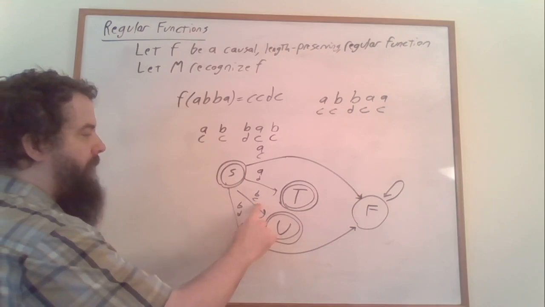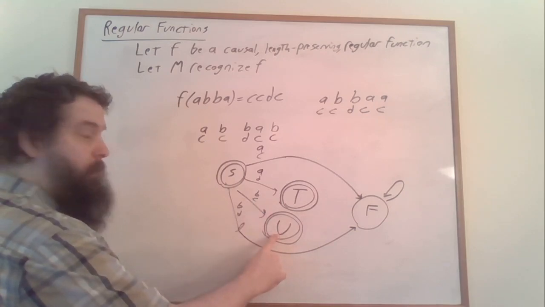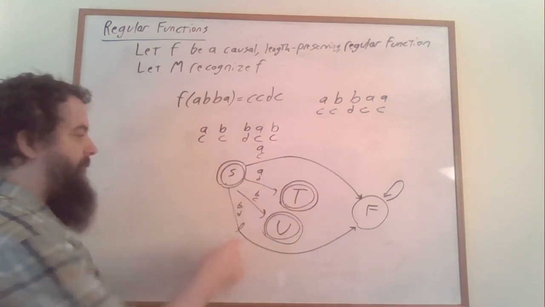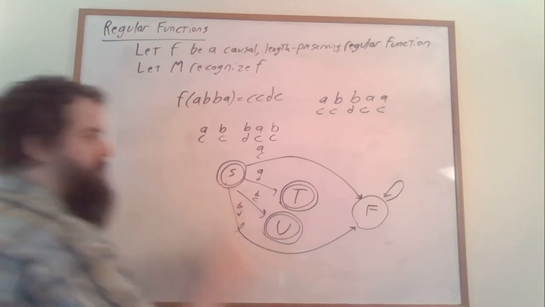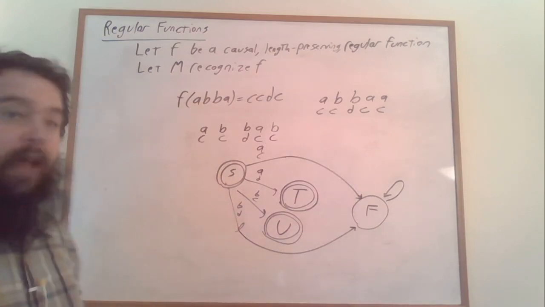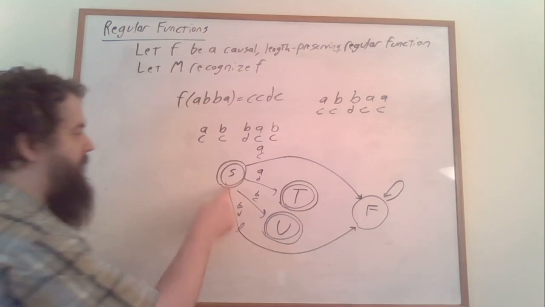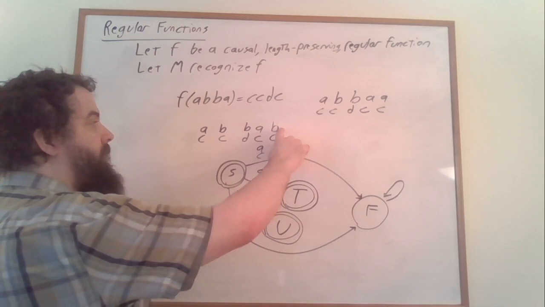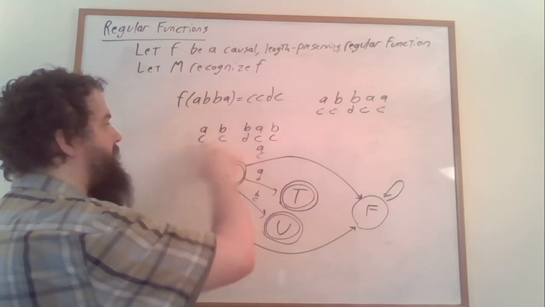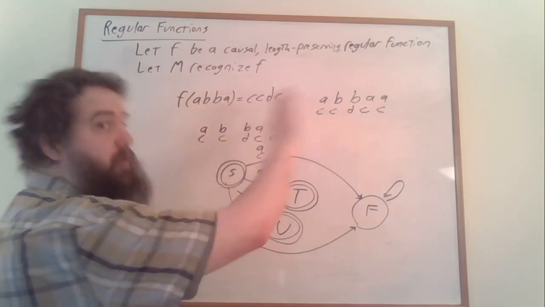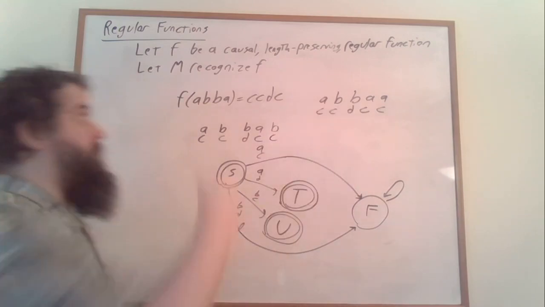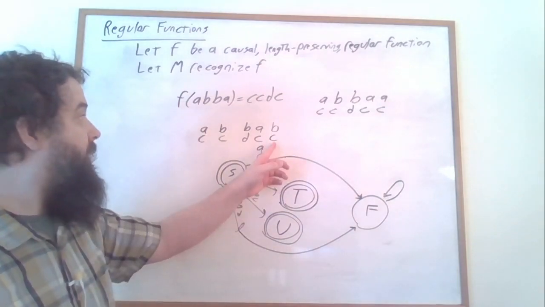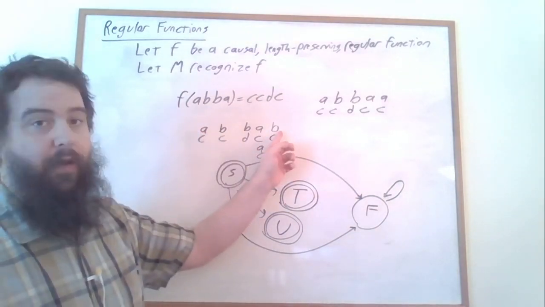We have one output character that leads us into an accept state, again, possibly the same state that we've seen before, and then all of the other output characters lead us into a failure state. And if there were other output characters like BE, that would also lead us into a failure state because there's no way of continuing AB, BAB, CC, D, C, E into a valid input-output pair for our function. Because again, our function is causal. This output character here is determined only by these input characters here.